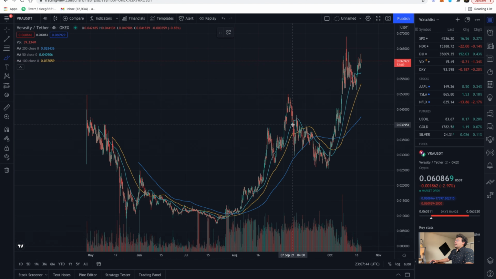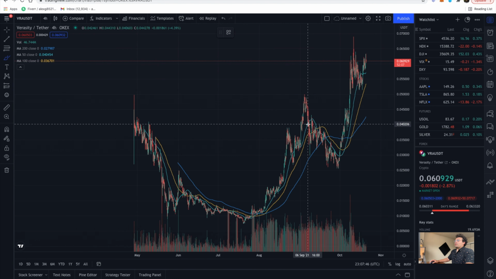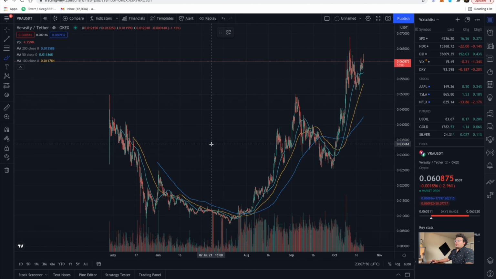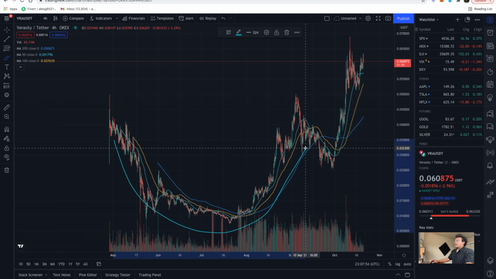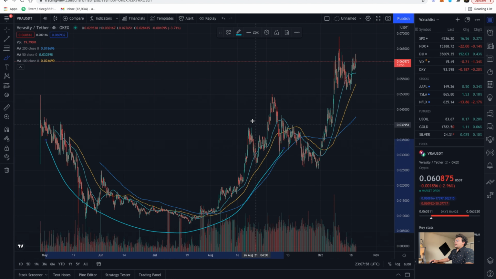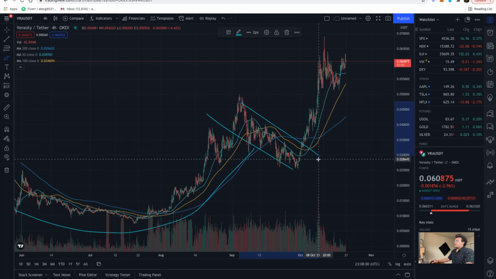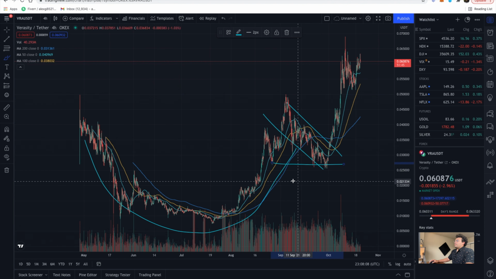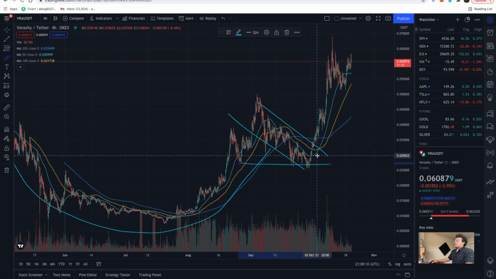Let's cover how we got to where we're at, and then we'll look at a few price predictions and some of the recent chart patterns I'm seeing. So first off, as we covered in the last video, we saw this nice elongated cup and handle form over the course of quite a few months. And then after that, we actually saw the breakout we expected once we double tested that 2.5 cent mark right here. We came off that and then started breaking out.